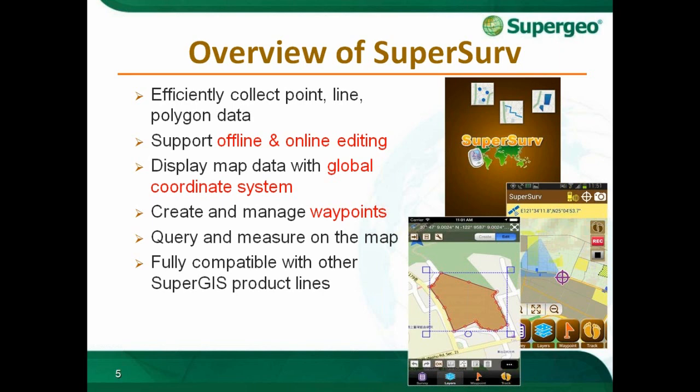If you are in an area without internet connection, you can also use the app in standalone mode. We also support global coordinate systems. Wherever you are, in Peru, Italy, or Asia, you can find your coordinate system and have a correct map display. Later on we will give you more demonstration and a real-time demo. Let's move on to the next slide.